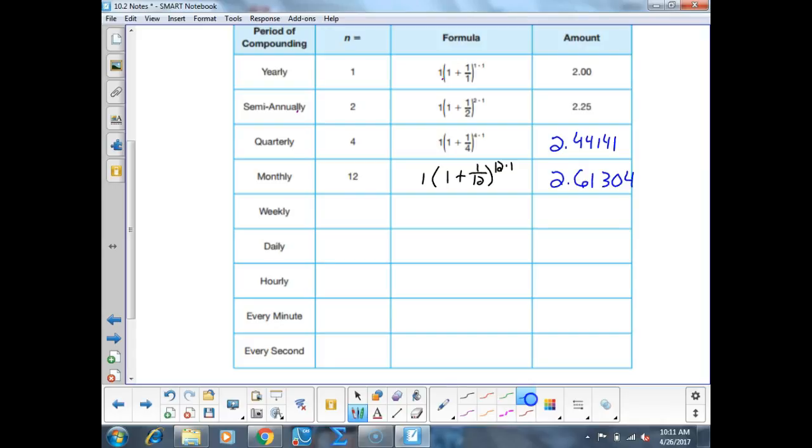Weekly, how many weeks in a year? 52 weeks in a year. So that goes to (1 plus 1 over 52) to the 52nd power, and I get 2.69260.